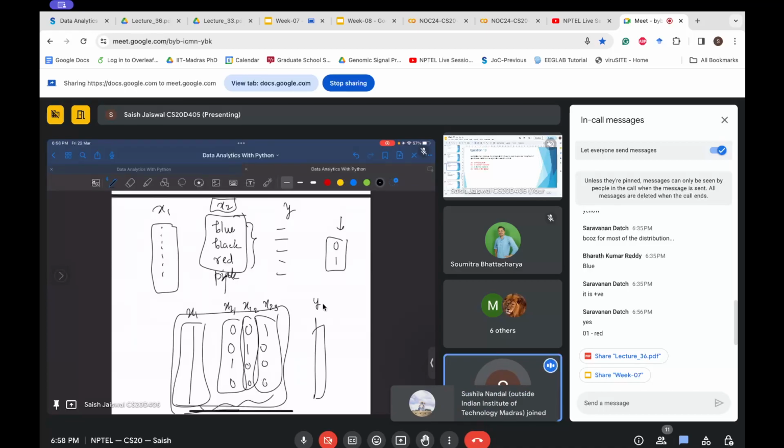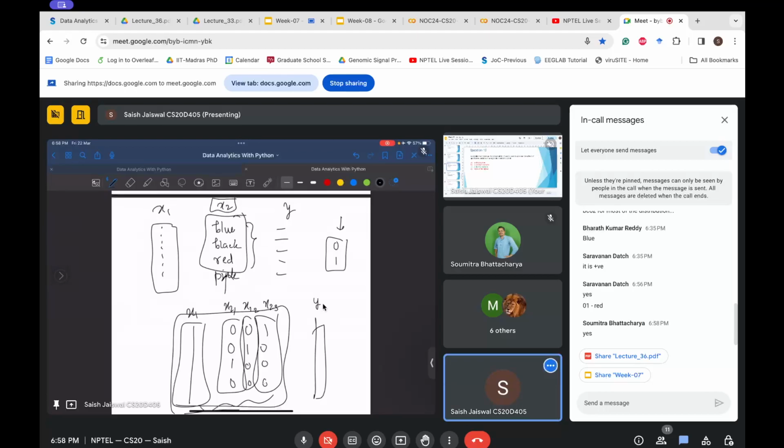Is it clear to everyone? Soumitra, is it clear? Yeah. So if I have n categorical values, I can represent those n categorical values using n minus 1 dummy variables.